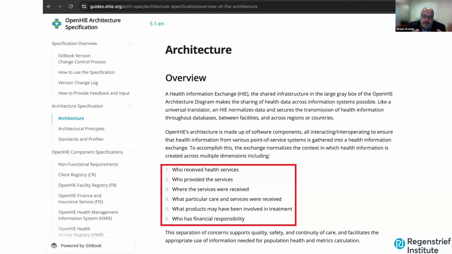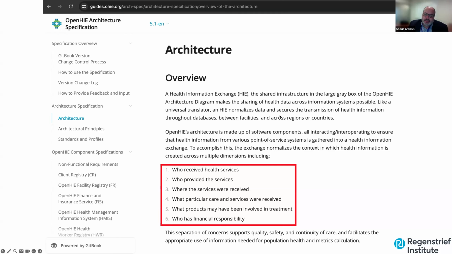But what the architecture for OpenHIE fundamentally does is it standardizes who receives health services, the patient, and that's the client registry that does that. It standardizes who provides the healthcare services. Those would be clinicians, ancillary providers, etc. That would be the health worker registry component. Where the services were received, that needs to be standardized as well, and that is the facility registry within OpenHIE.